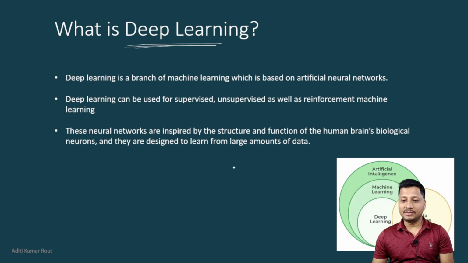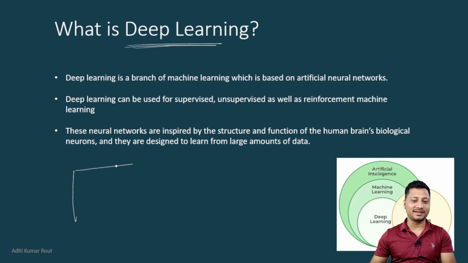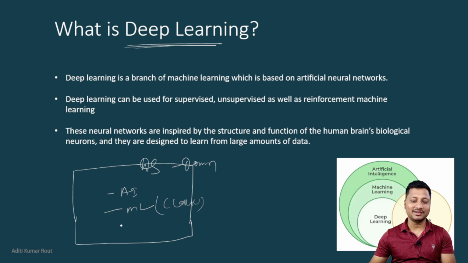Then if I am talking about data science, data science is a domain, and I am using AI, machine learning, that means classical machine learning models, and deep learning models as tools to solve our problems in the real world.